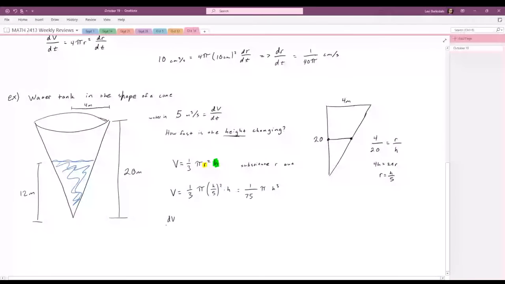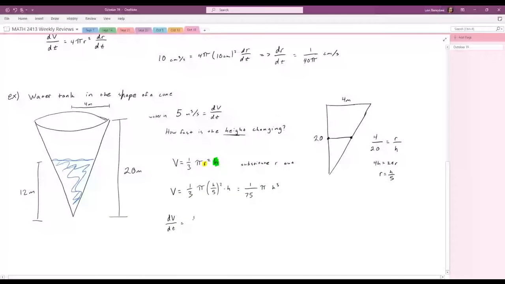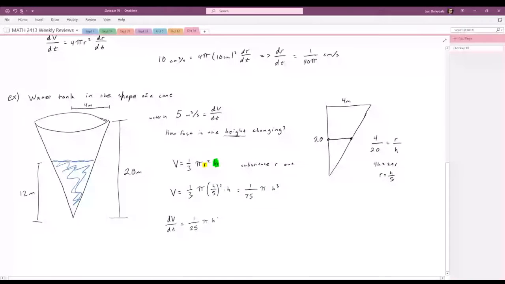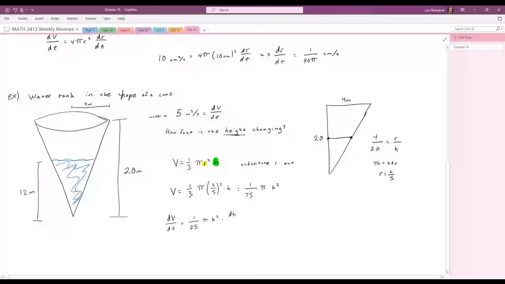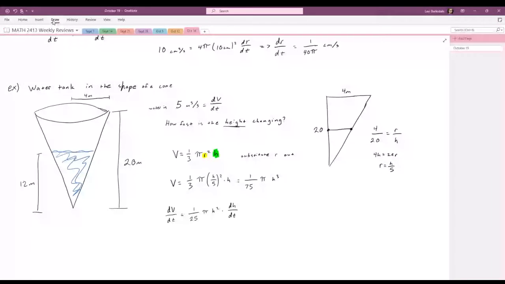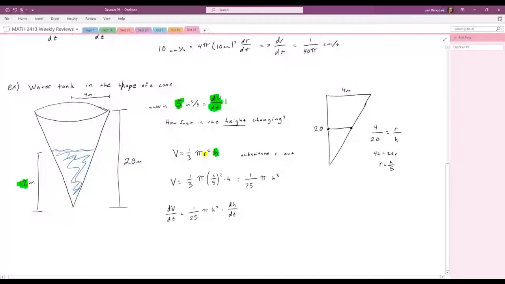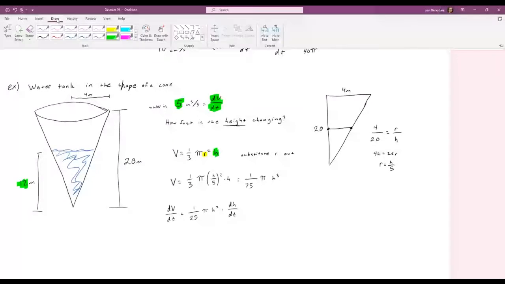So I just take the derivative of each side, and I get 1 over 25 pi times h squared times dh over dt. Well, I'm given my h value. I'm given that h is equal to 12. I'm given dV over dt. And that's really all I need in order to solve.